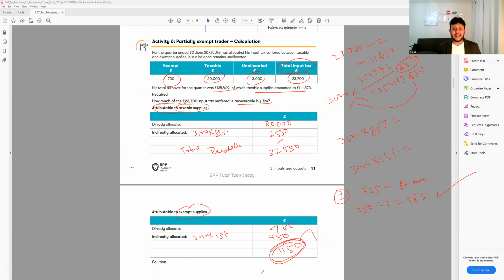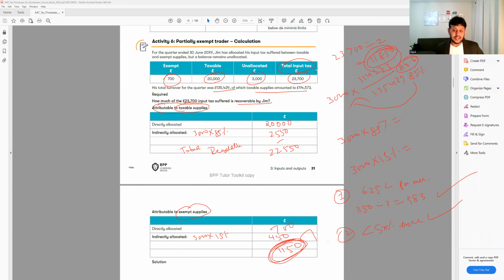And this 1,150 is definitely less than 11,850. So the second condition, less than 50% of the input tax, is also satisfied. 1,150 is very much less than 11,000, and also per month it is less than 625, satisfied.